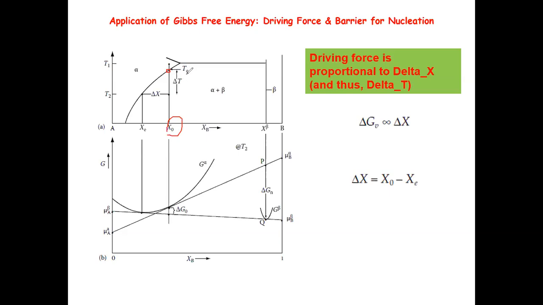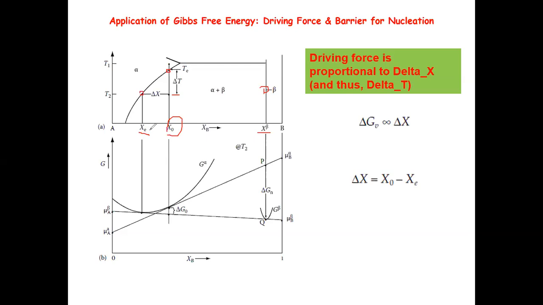Now we reduce the temperature by delta T to induce a supercooling. At this temperature, the equilibrium compositions of the alpha and beta phases are going to be X_E and X beta respectively, but X_E is simply X alpha.